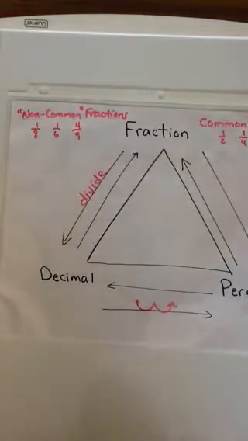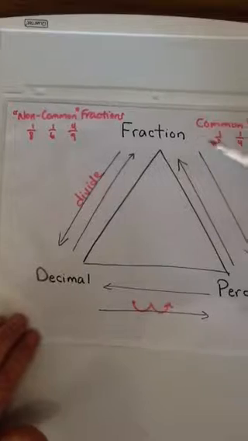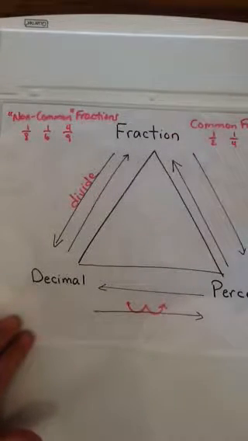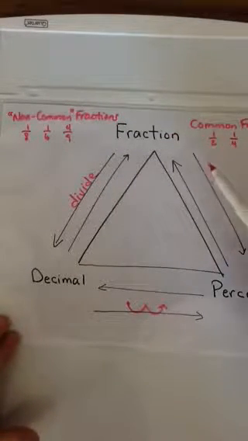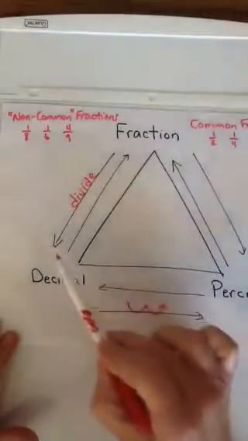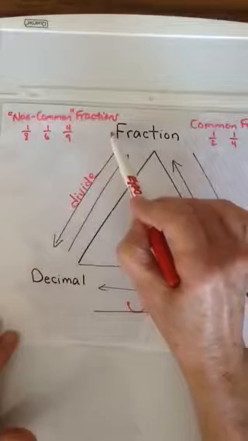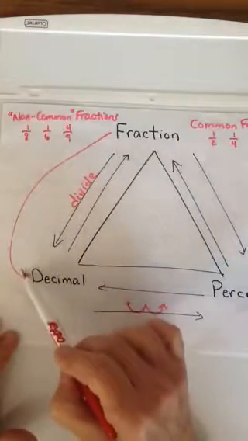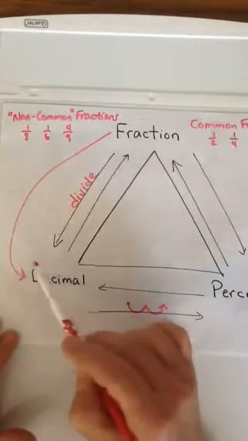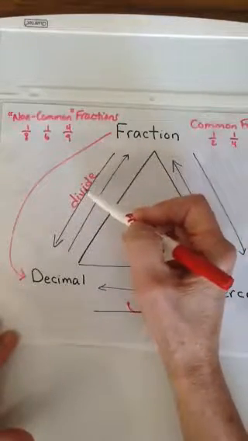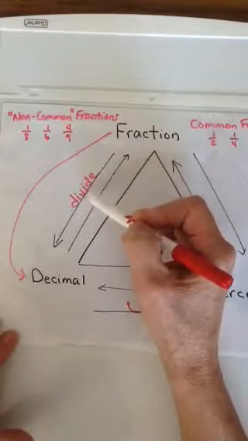So the way you're going to do this is, instead of going directly from fraction to percent, you're going to go the long way around the triangle, first changing the fraction to a decimal number, and that you know how to do. We just have to divide to get the decimal number, right?